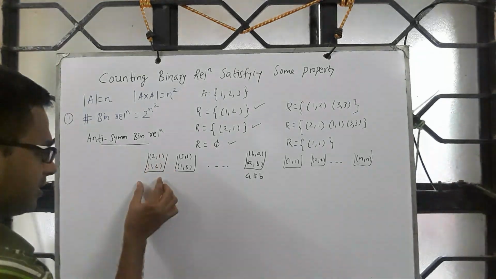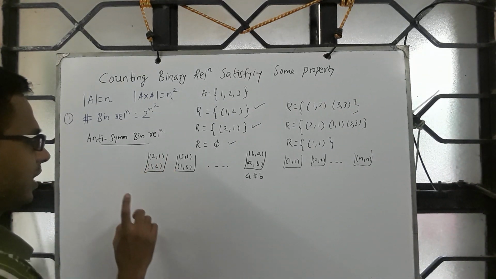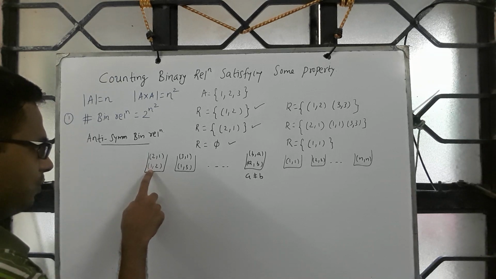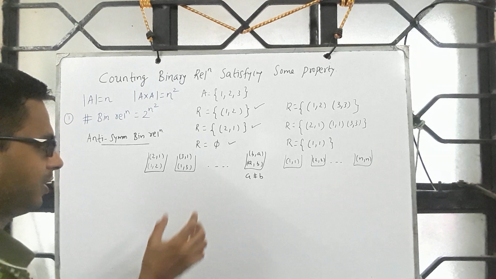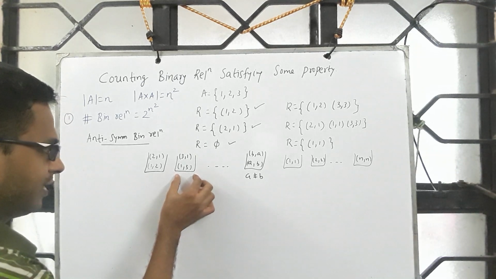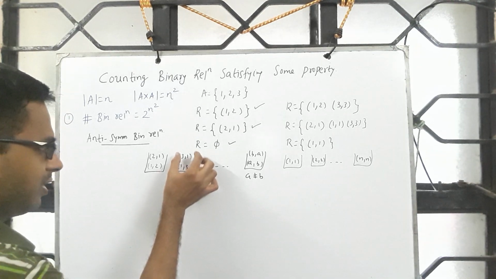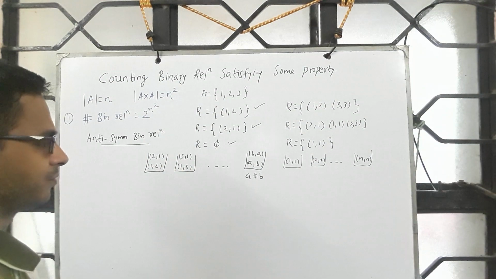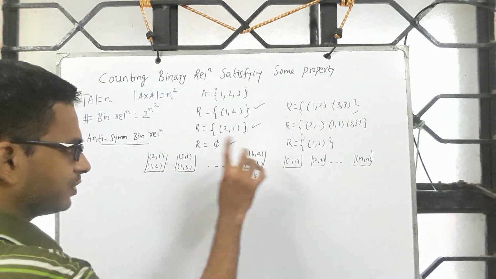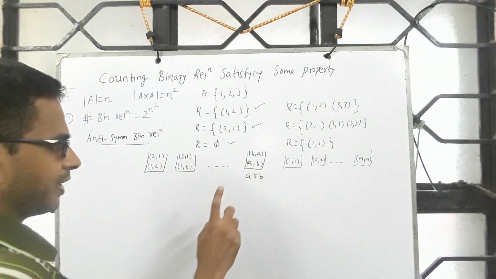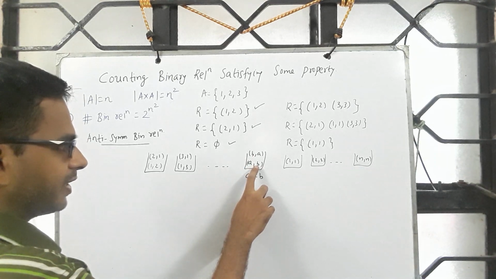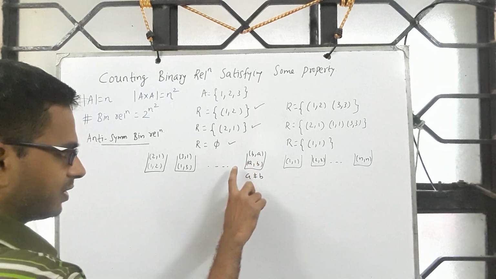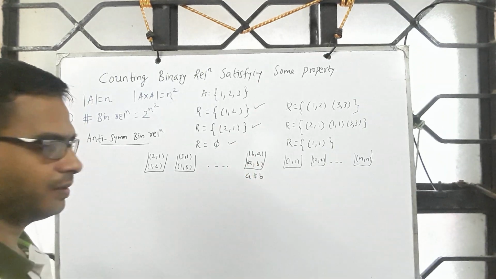From this box, I can pick (1, 2) or (2, 1) or none. From this box, (1, 3) or (3, 1) or none. From each of them, you don't pick anything or exactly one pair, which is either AB or BA but not both.